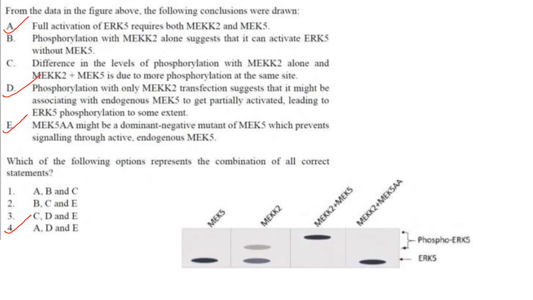So MEK5AA causes disruption of MEK5. Even the endogenous MEK5 is also being disrupted, so that you don't get any phosphorylation product in the fourth blot. So E is also correct. So A, D, E are correct and your correct answer is option 4.